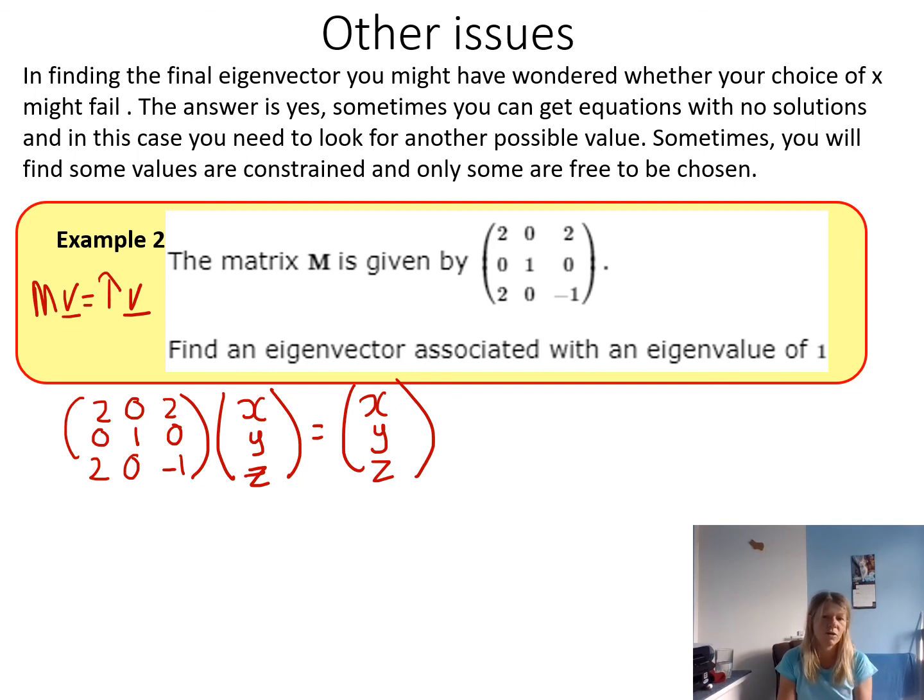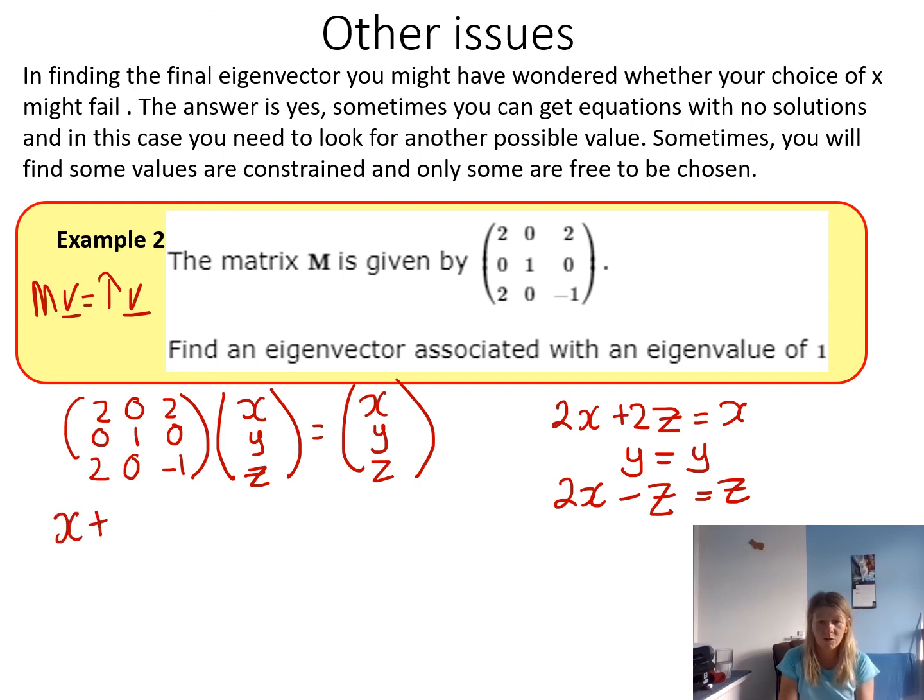Right, so that equation there will give us 2x plus 2z equals x, y equals y, and 2x minus z equals z. Right, yeah. So if we bring those over, we'll have x plus 2z equals 0.